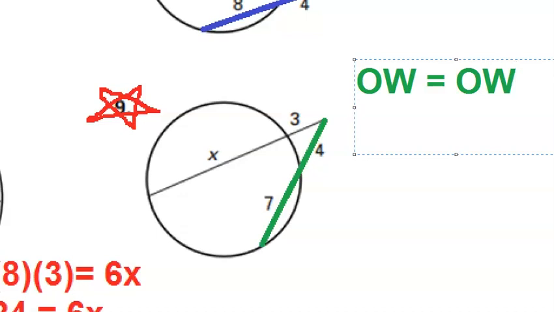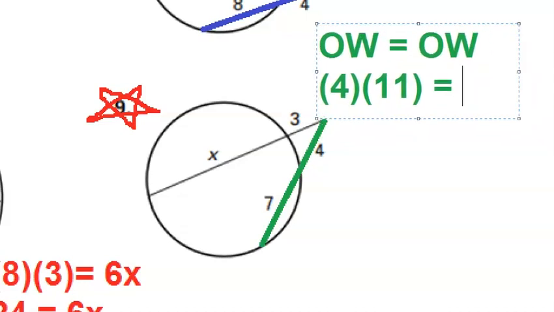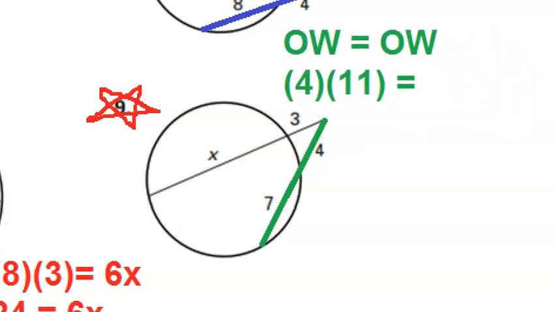So if you look on the green line, the outside part is 4, and the whole thing is 11. Okay, so we're going to leave it like that. Now, what happens up here? We're going to make this last part red just like this. All right, let's go. So this is where people are going to get confused because the outside part is 3.